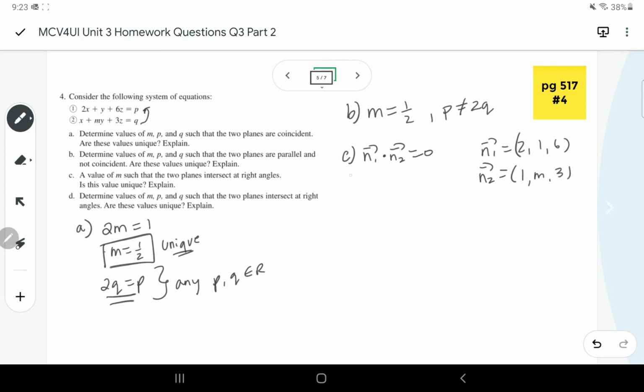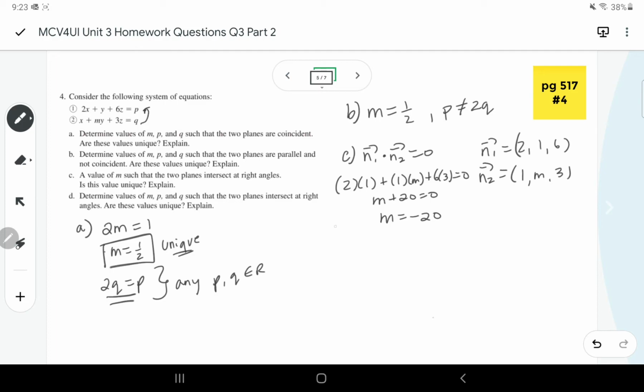So we'll just do that dot product and see where that would equal 0. So 2 times 1 plus 1 times m plus 6 times 3 equals 0. So that's m plus 20 equals 0. So m would have to equal negative 20.